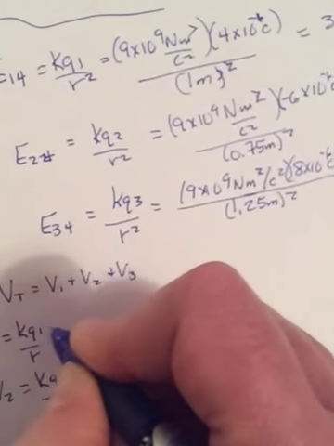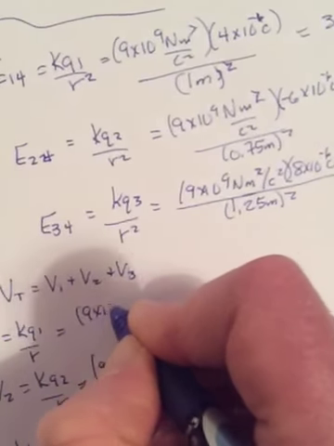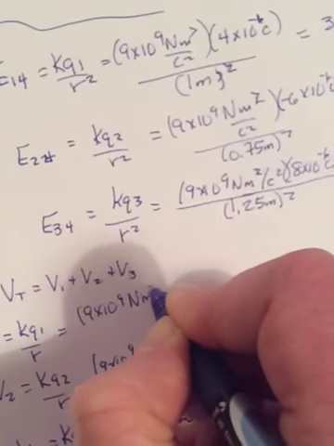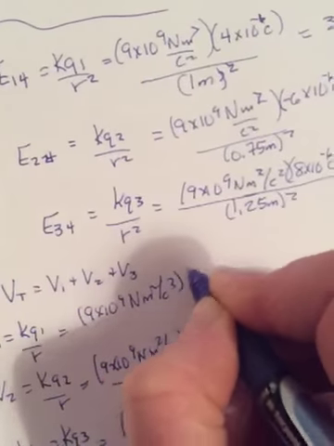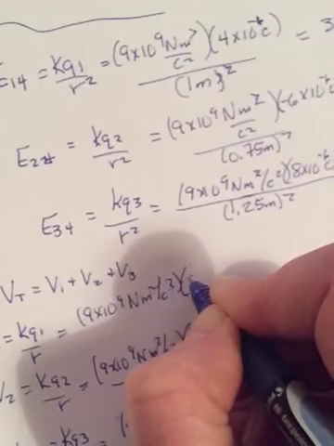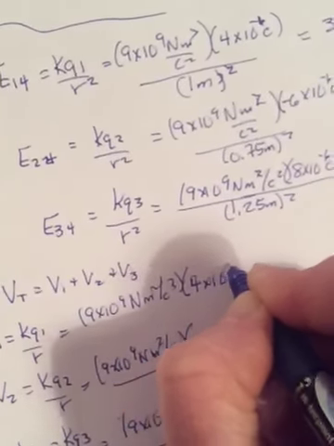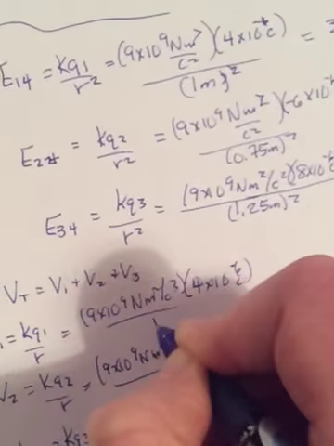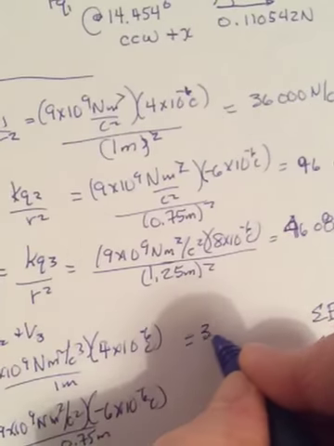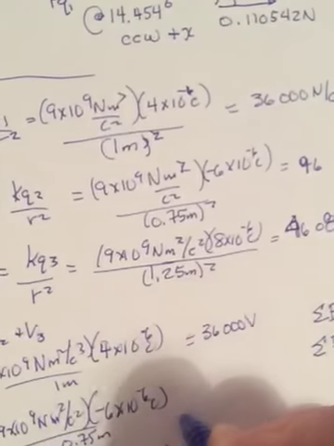R's are not squared this time. And 9 to the 9th newton meters squared per coulomb squared, what was it, 4 to the negative 6, and 1 meter. So when you do this, you get 36,000 again, volts.